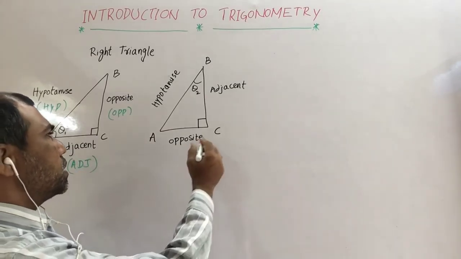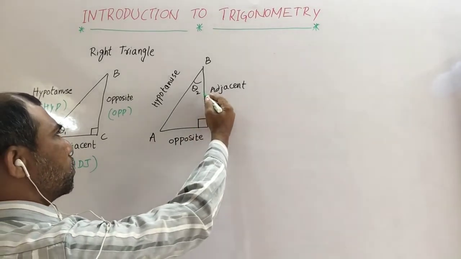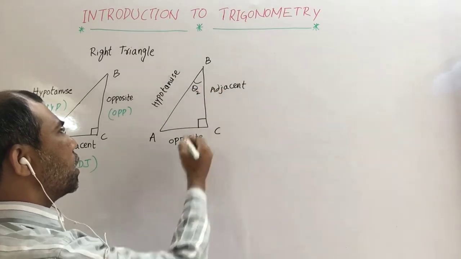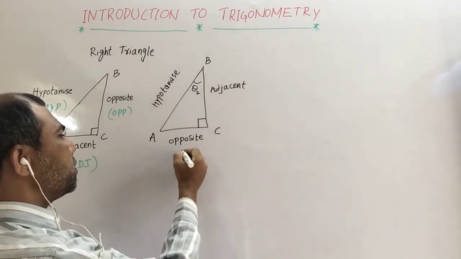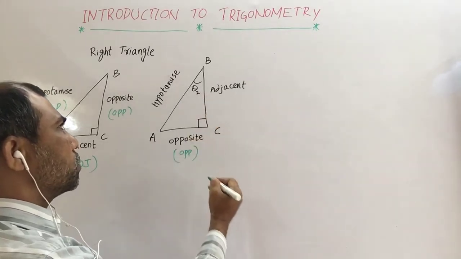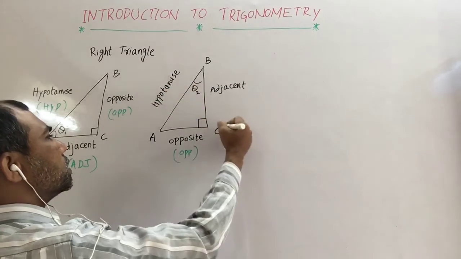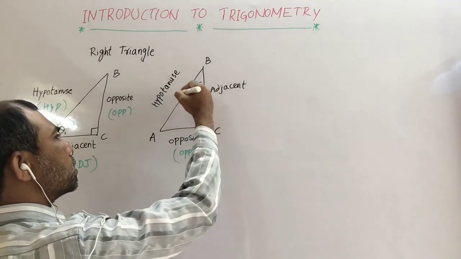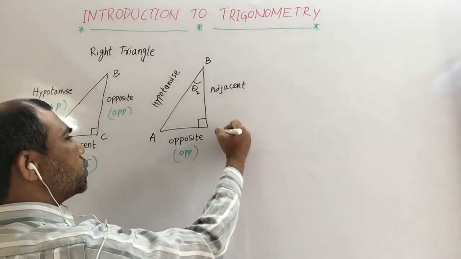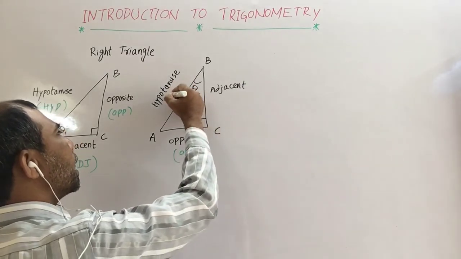Now if you consider this triangle, here we have θ2. AC will be opposite to θ2. Similarly, AB is opposite to the right angle, so that is always the hypotenuse.